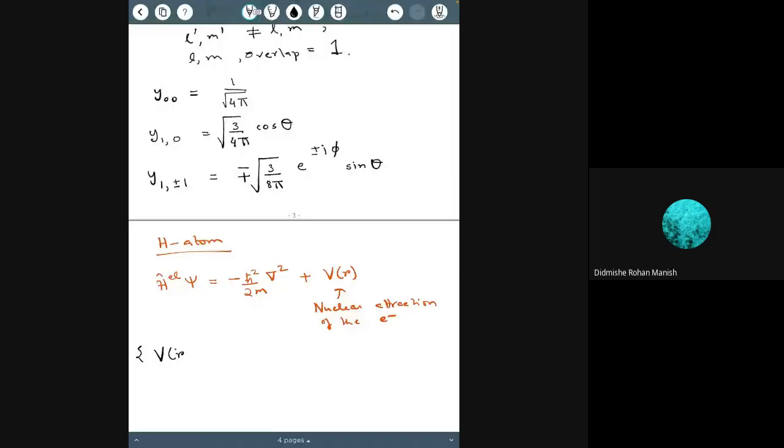So in general, a potential can be written as a function of the position, but this is the position vector. So it may depend on the angle from the origin, etc. Not only the distance. But if a potential depends only on the magnitude of the distance, then it is called a central potential.